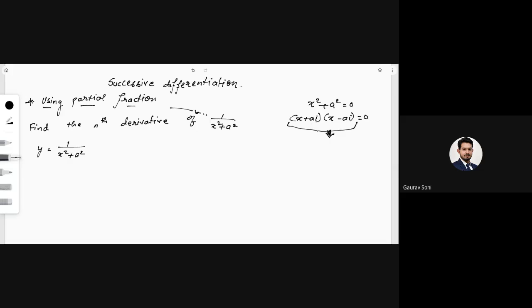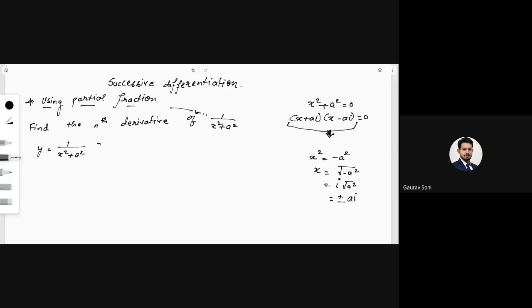If you want proof of this, you can take x square as minus of a square. Then x will be equal to under root of minus a square, which is plus minus ai. Okay, so x plus ai, x minus ai.